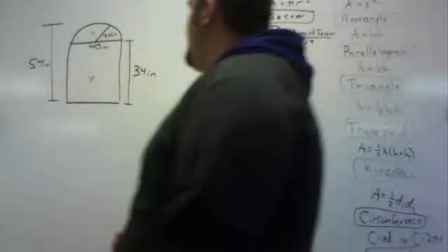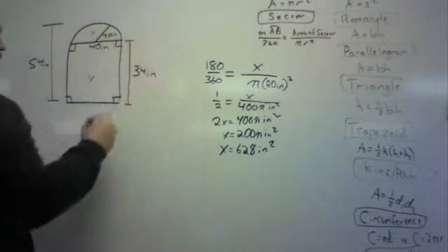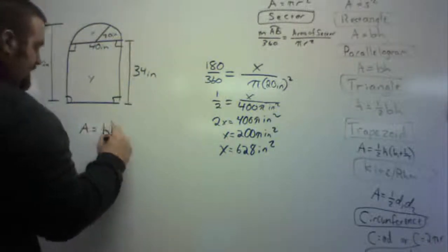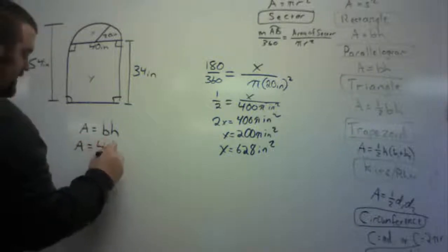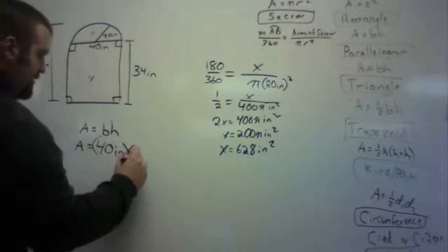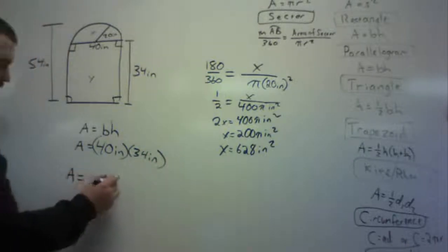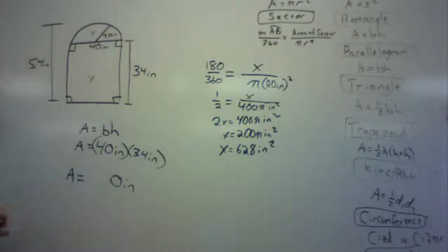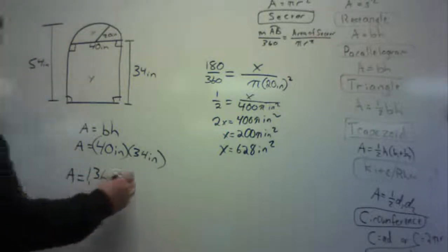Alright, to find Y, it's a rectangle. So the area of a rectangle is base times height. The base is 40 inches. The height is 34 inches. So when you multiply these two, you get, I'm not sure off the top of my head, 1,360 inches squared.